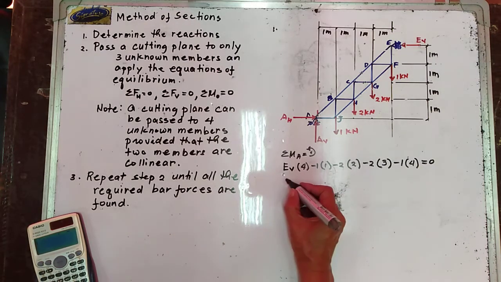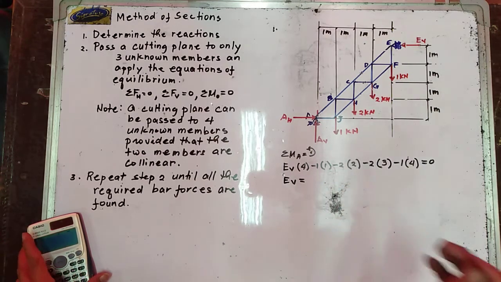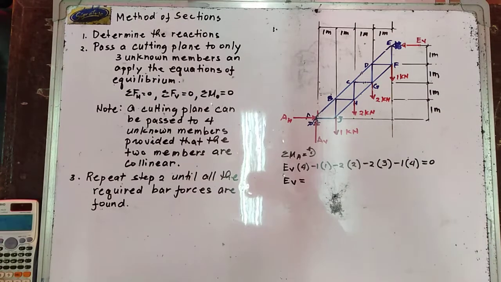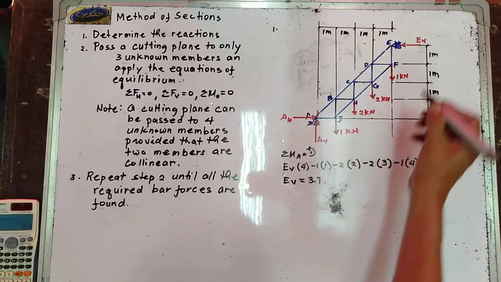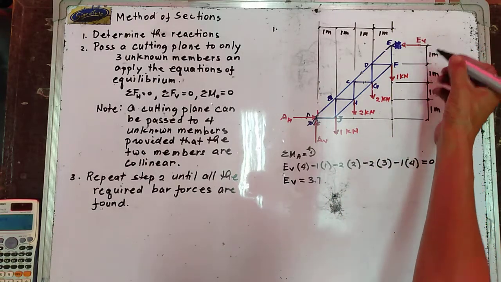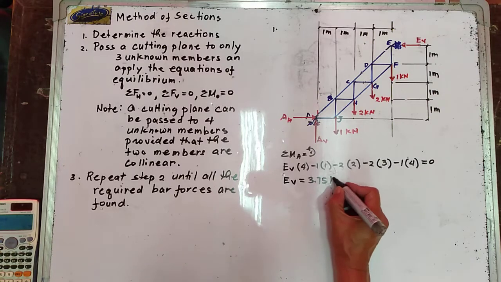Hence, your E vertical is equal to 3.75 kilonewton.